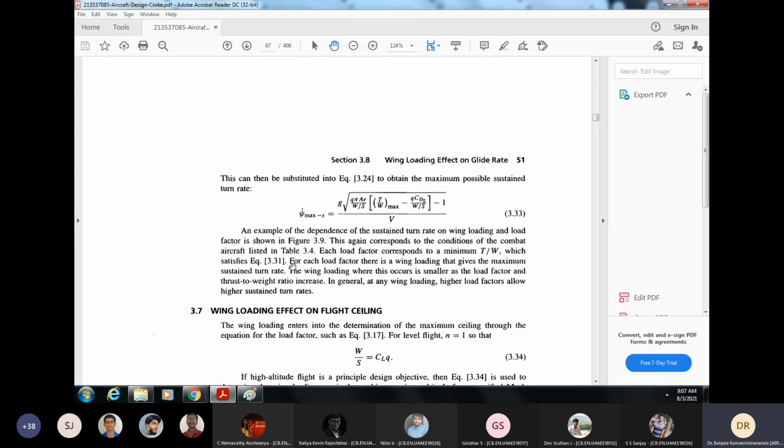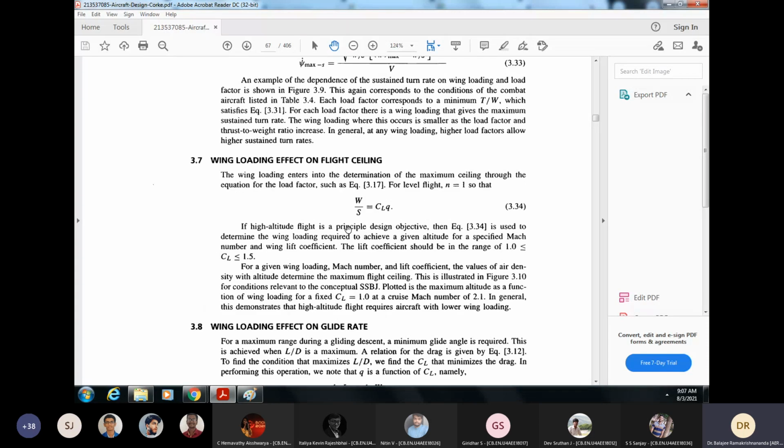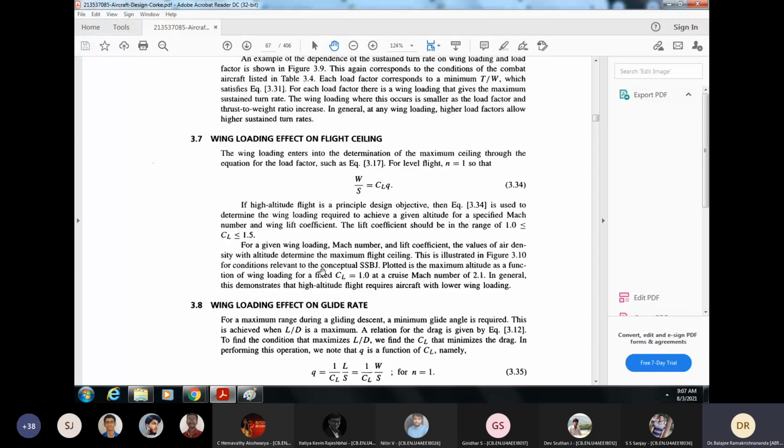Then flight ceiling also will have an effect on wing loading. The expression is very similar to your cruise. It's basically based on the velocity and CL. Only thing, the lift coefficient value is different. Okay.